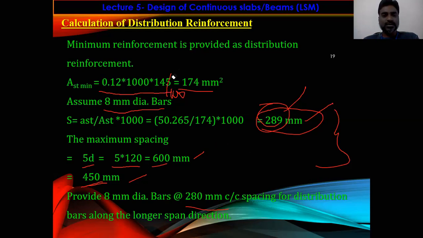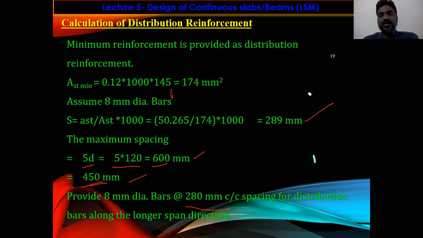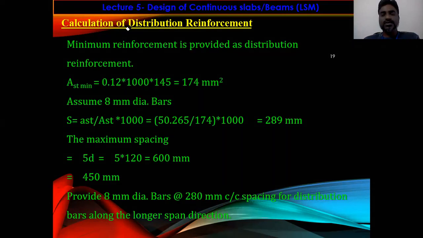So this is how you need to calculate the reinforcement required. Then the next step is you need to check whether your design is safe corresponding to the stiffness and shear or not, and the development length also, as we discussed last time.